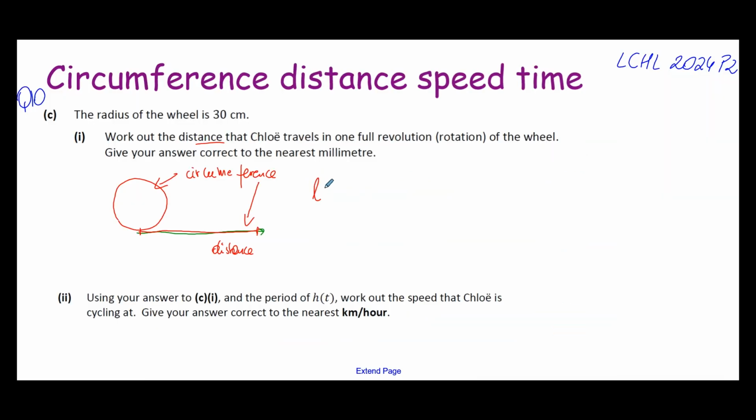So that length equals 2 multiplied by pi multiplied by radius. In our case, that is 2 multiplied by pi, and the radius we are given is 30 centimeters. Now don't forget, to the nearest millimeter. So we put that in the calculator.